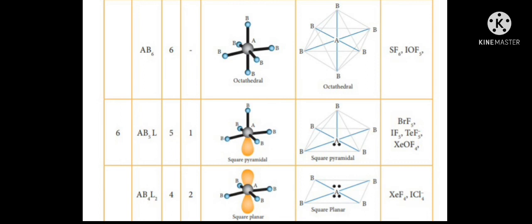It contains 4 AB bonds and 2 lone pair electrons on central atom A. Due to the presence of 2 lone pair electrons, the shape of AB4L2 molecule is square planar. The molecular geometry is shown here. XeF4, ICl4 minus are examples for AB4L2 molecule.